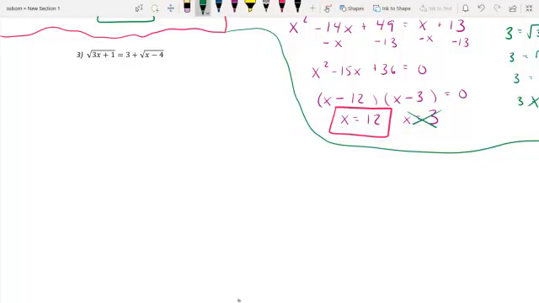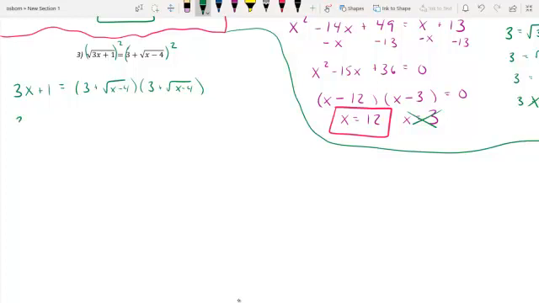Alright, so I'm going to start off initially squaring both sides because I already have one of my radicals isolated. So I'm going to square this side, and whatever I do to one side, I have to do also to the other. So that gives me 3x plus 1 is equal to, now keep in mind when I'm saying that we're squaring, it's the same thing as saying 3 plus the square root of x minus 4 times 3 plus the square root of x minus 4.